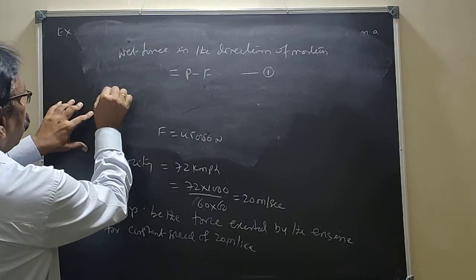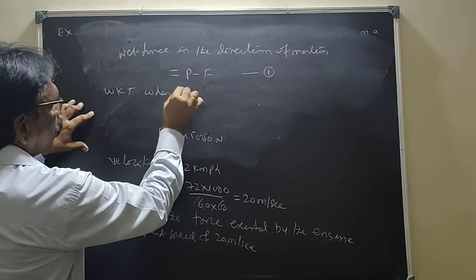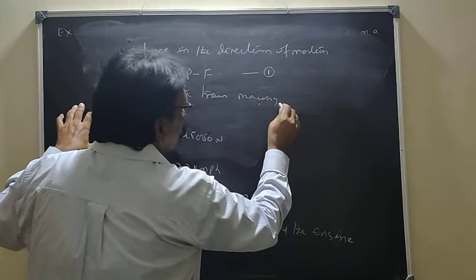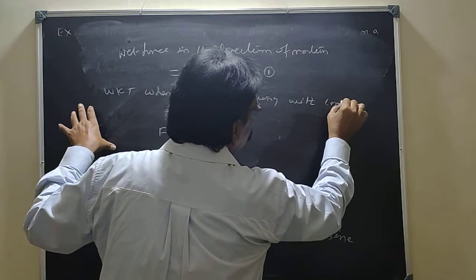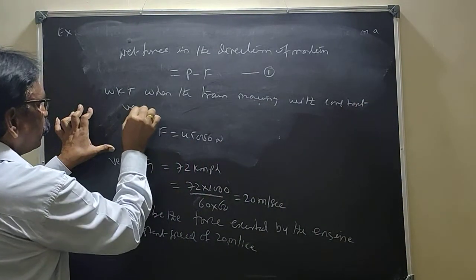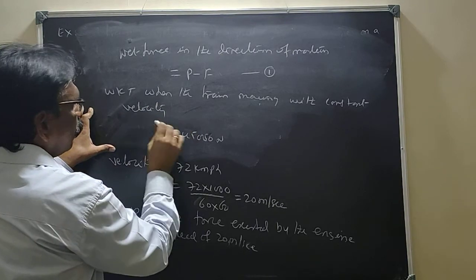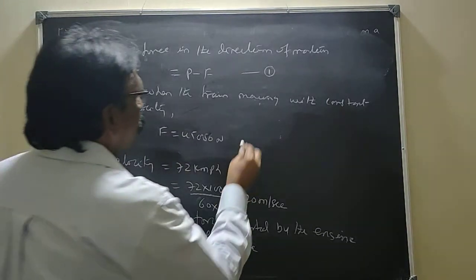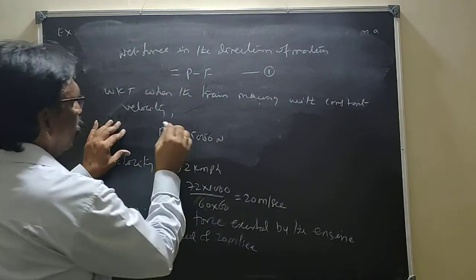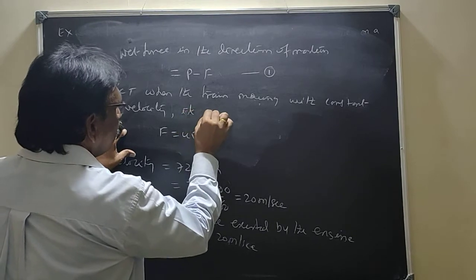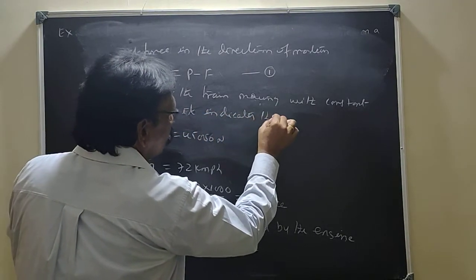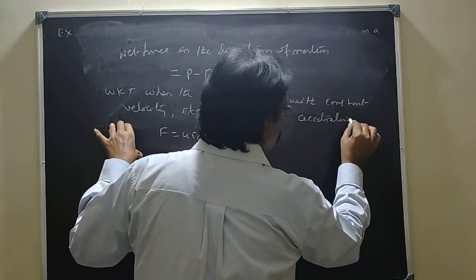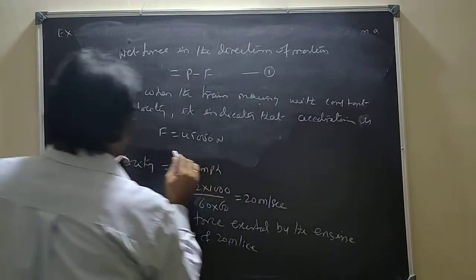So now we know that when the train is moving with constant speed, constant velocity, it indicates that acceleration is zero.